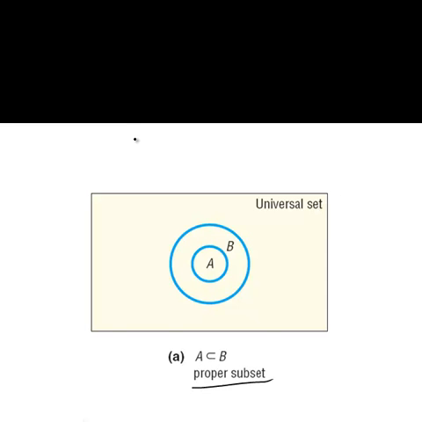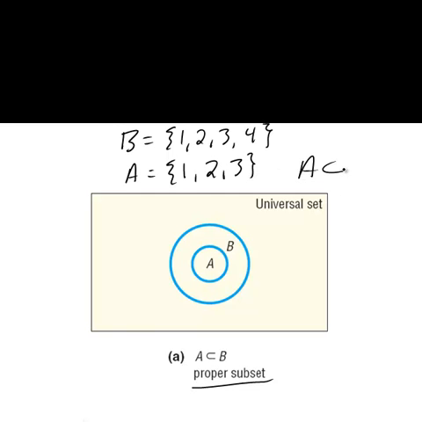So for example, if B is the set of numbers 1, 2, 3, 4, and we have set A, the numbers 1, 2, 3, then we say that set A is a subset of set B. Not only is it a subset, it's a proper subset.